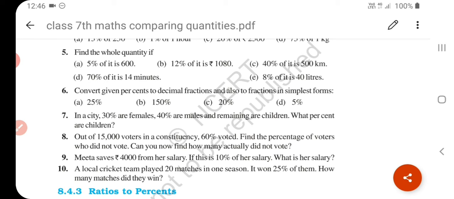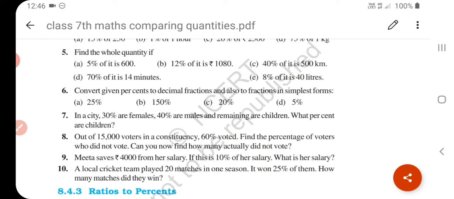Now D1 is 70% of it is 14 minute, so your answer is in minutes. And the last one is 8% of it is 40 liter. So you have to solve 8 upon 100 into x is equal to 40 liter.